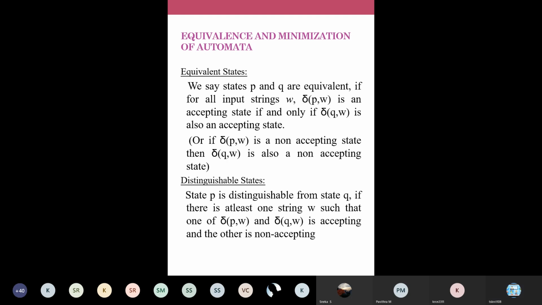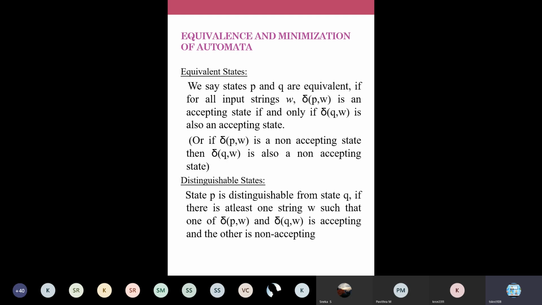Or how do we find out whether two states are distinguishable, that the two states have different characteristics? When their transitions are different. For example, for delta of P comma W, if it is accepting and delta of Q comma W is non-accepting, then they are distinguishable. That we can easily find out.